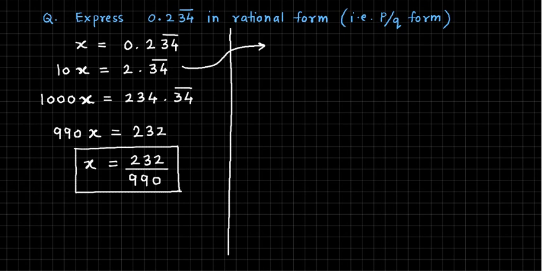Let me write this as 10x is equal to, now 2.34 can I write as 2 plus 0.34 recurring, right?